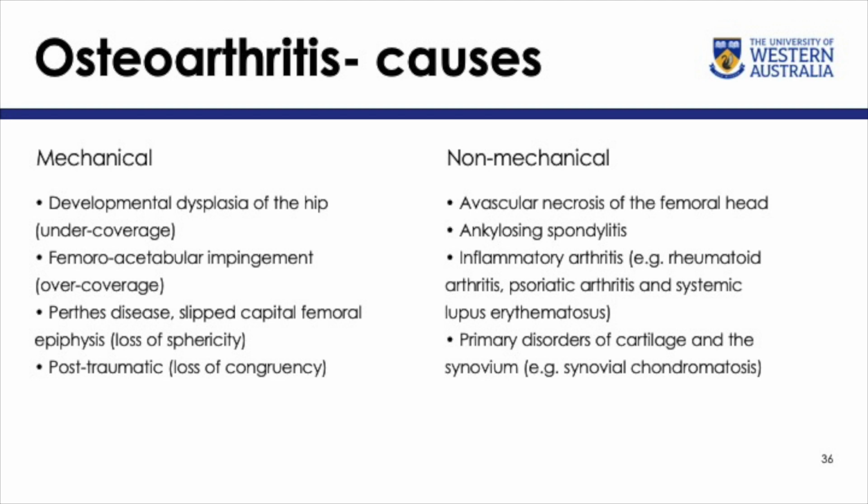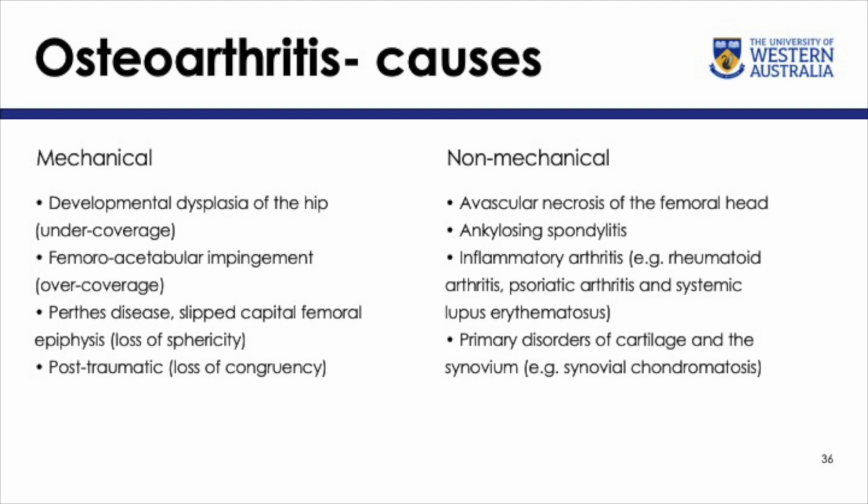Other juvenile hip conditions such as Perthes disease or a slipped capital femoral epiphysis lead to loss of sphericity of the femoral head, which with time will lead to osteoarthritis. Post-traumatic, such as femoral head fractures with loss of congruency, similarly will result in post-traumatic osteoarthritis.